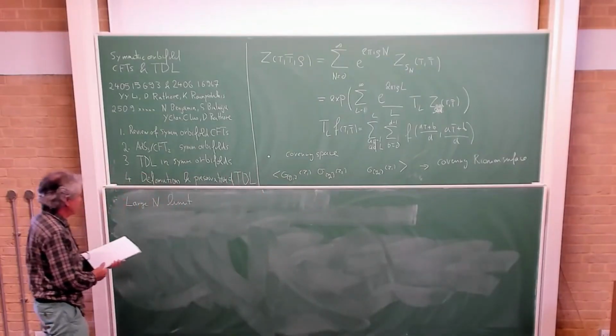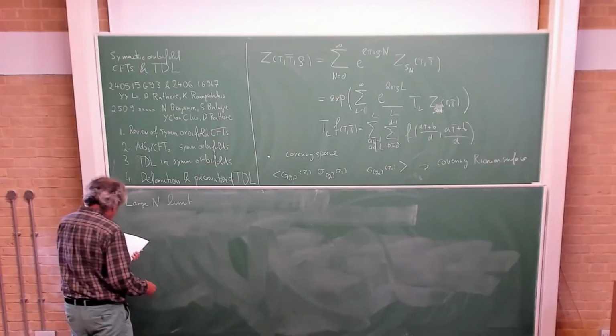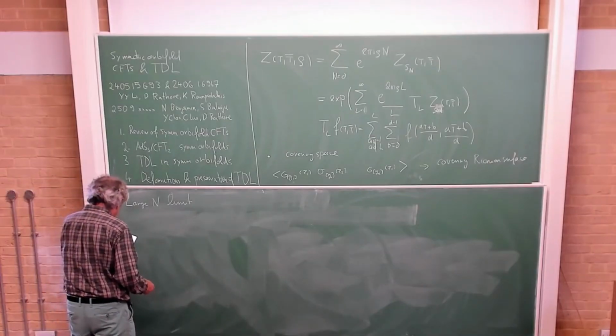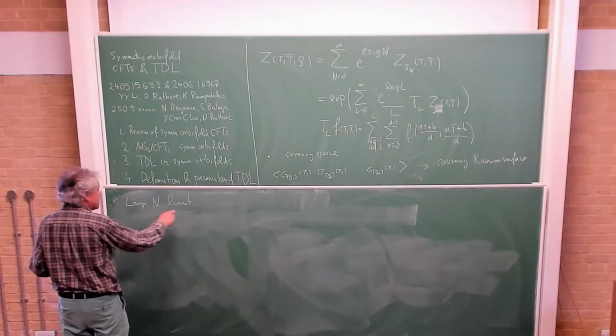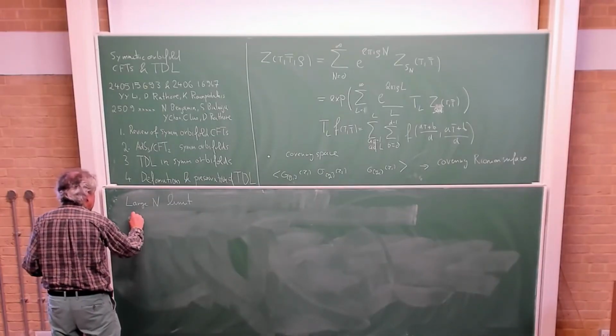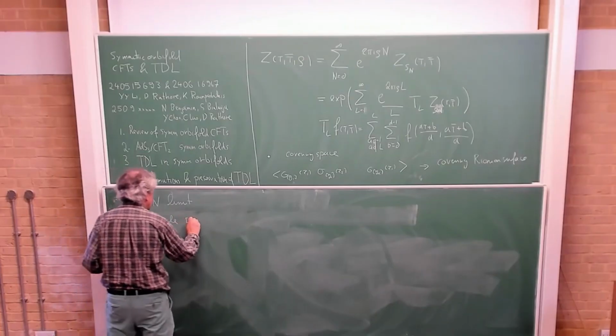It's technically complicated, but what comes out of it is that there are the so-called single cycle twist fields.